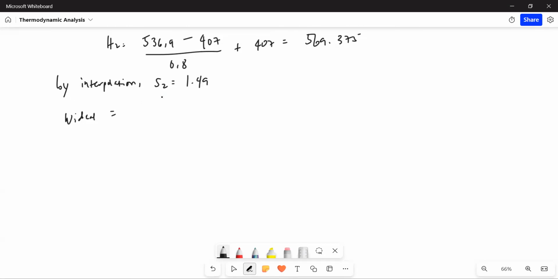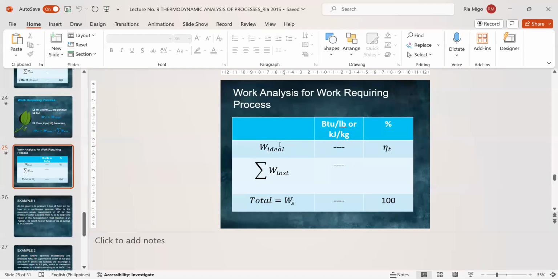So assuming delta P and delta KE are negligible, and if we express work on a per pound or per mass basis, then there's no need to reflect the mass of flowing streams. For the work ideal, we're dealing with the entire process.